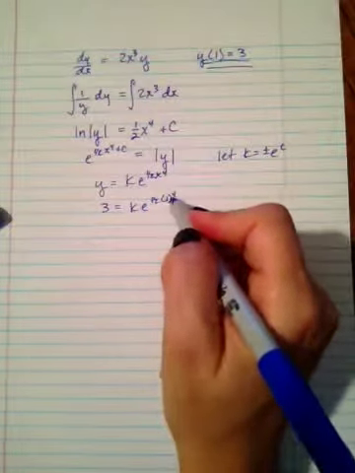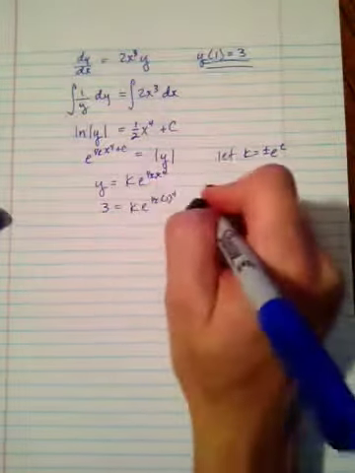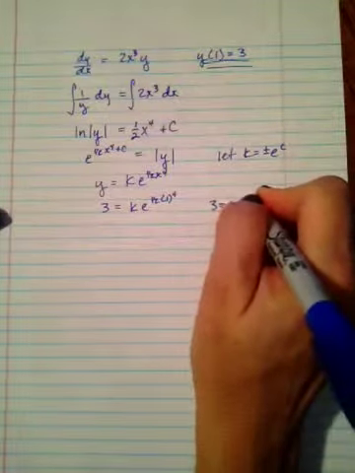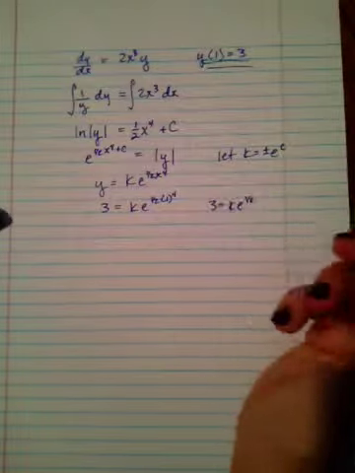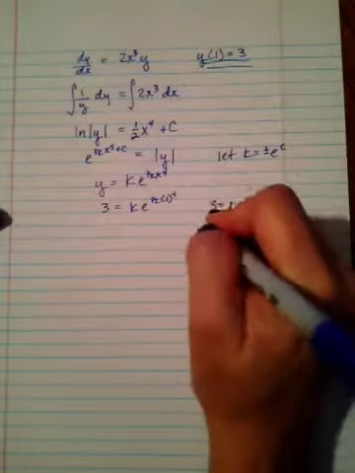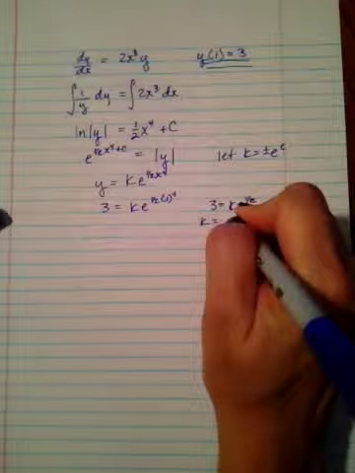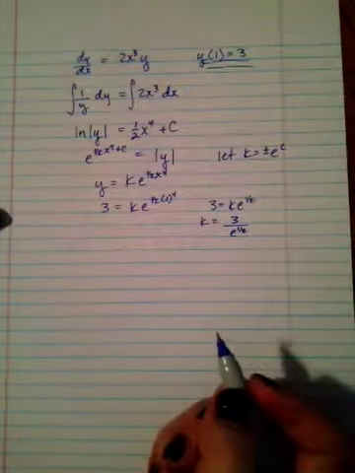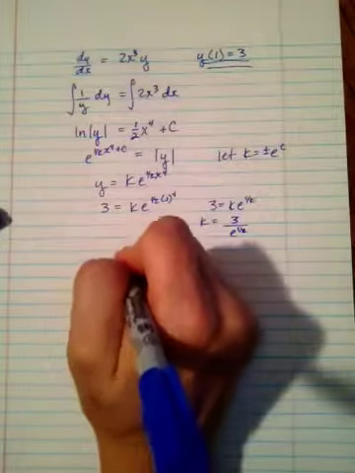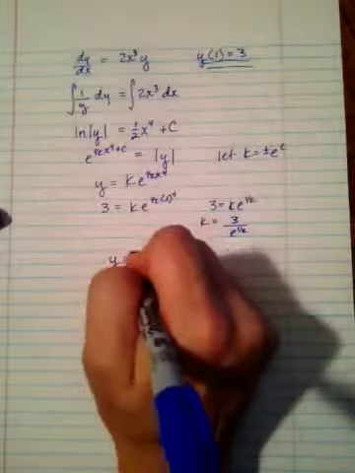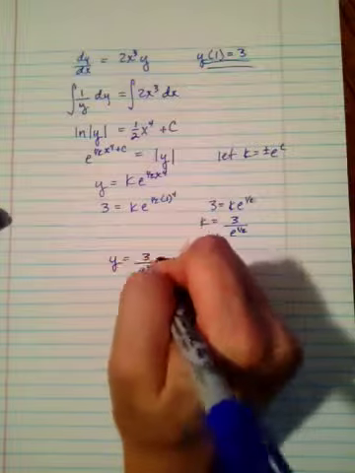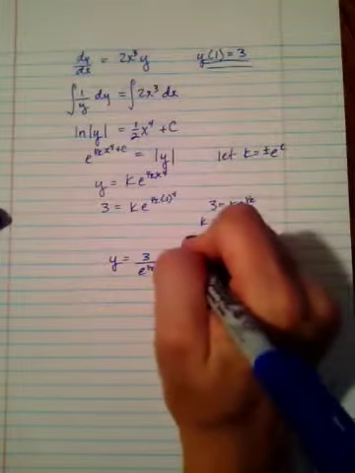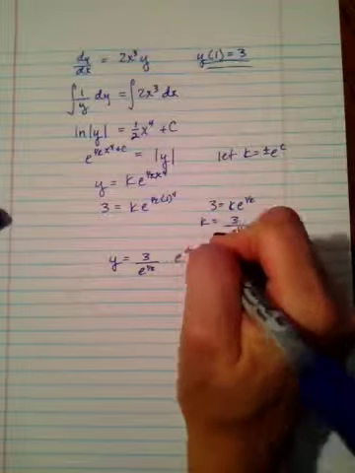Well, 1 to the 4th is 1 times a half is a half, so I know that 3 equals k e to the 1/2. Well, if I'm going to solve for k, I can just divide by e to the 1/2 on both sides, so k equals 3 over e to the 1/2. So from there, my equation becomes y equals 3 divided by e to the 1/2, or you could have the square root of e in the denominator, times e to the 1/2 x to the 4th.